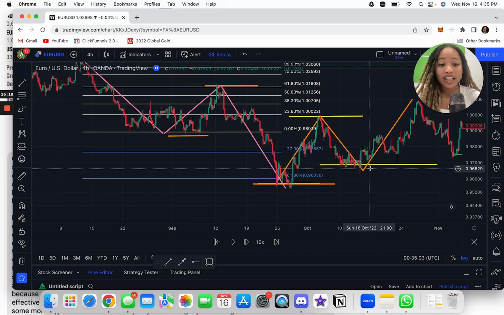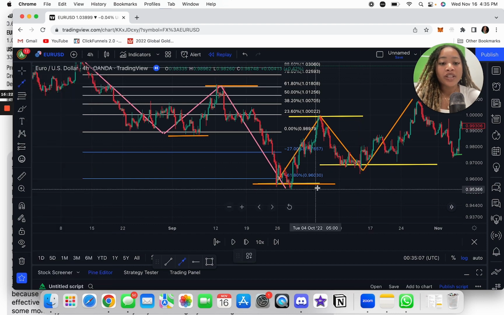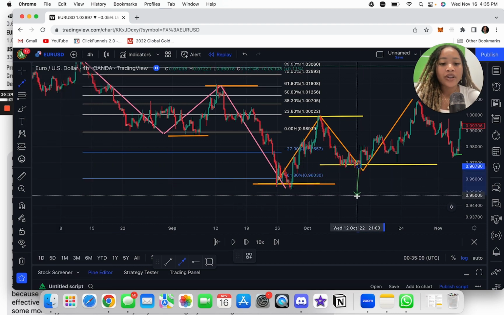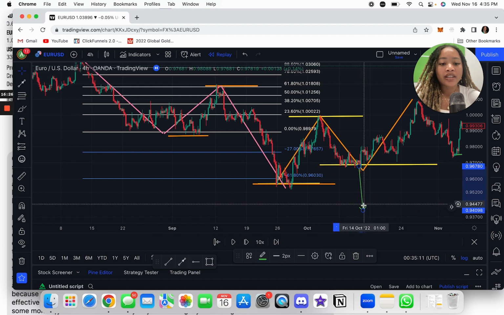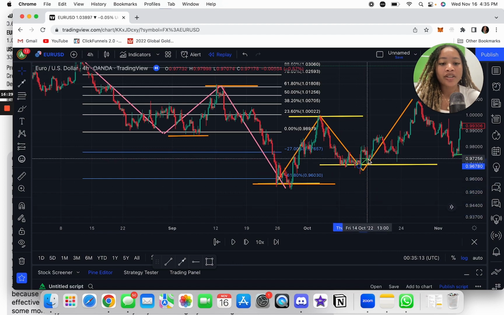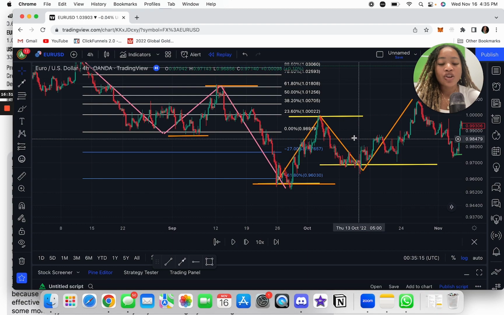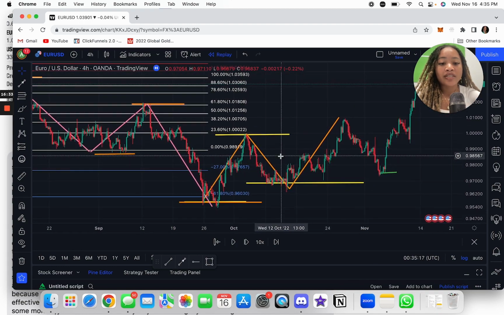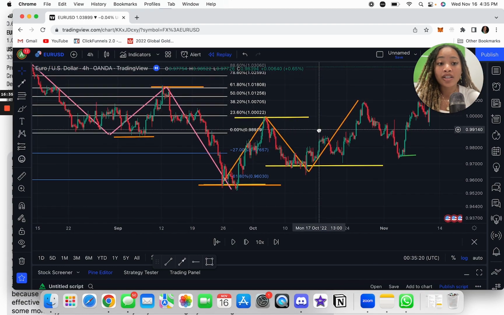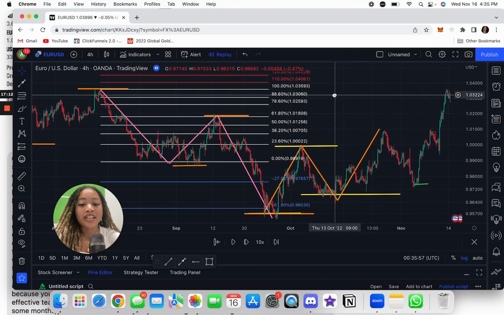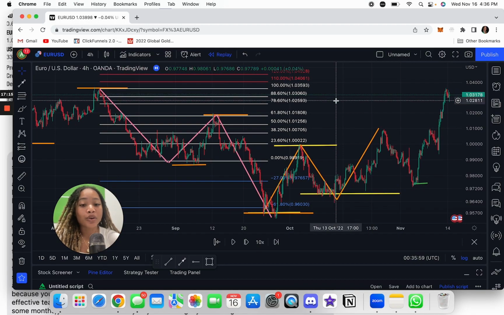But the low that was created didn't go below this previous low. So it didn't come down here. It went higher up here. So that's showing us that we're shifting, especially since this is the 4 hour. Okay, so pay attention to those higher highs and those lower lows.